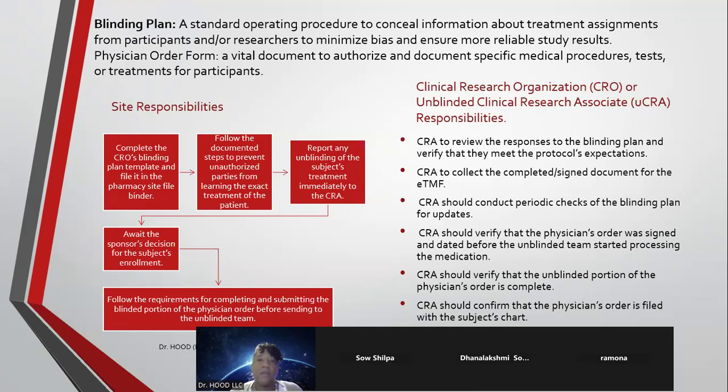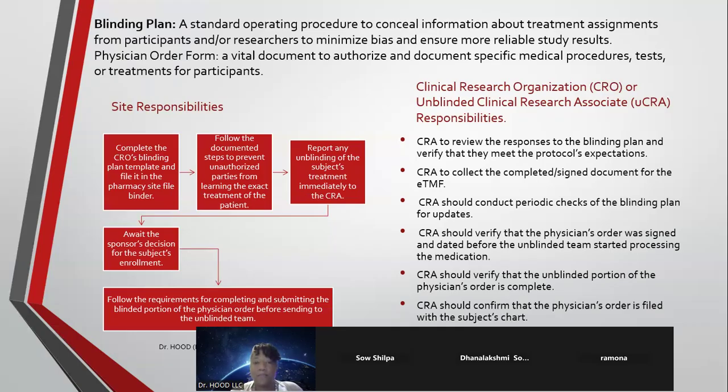And now we're going to send this order form, or if it was in a regular clinical setting, like a prescription, we're going to send this prescription to the pharmacist. We identify the subject, we identify that they met all criteria, and we sign and date it, and we scan it in, we send it to them.